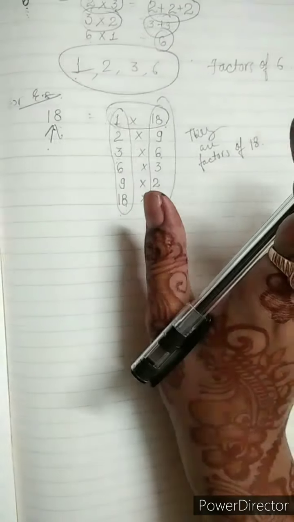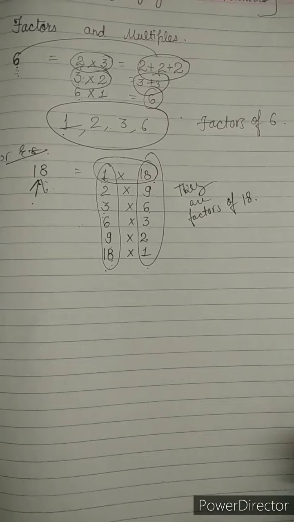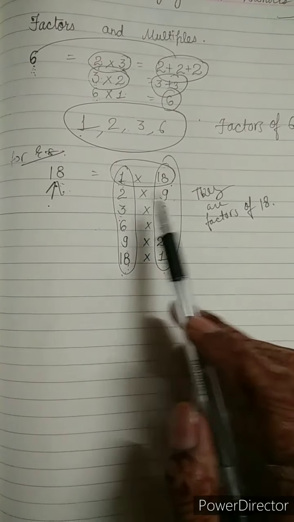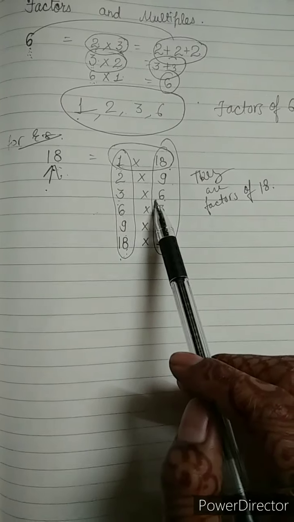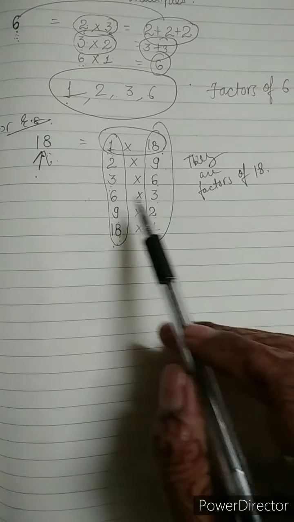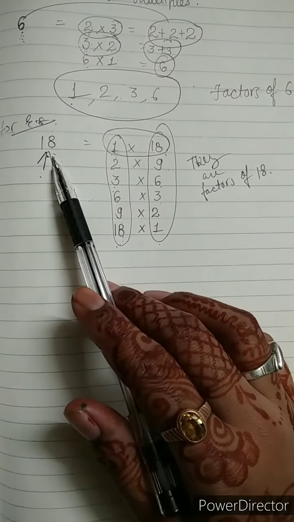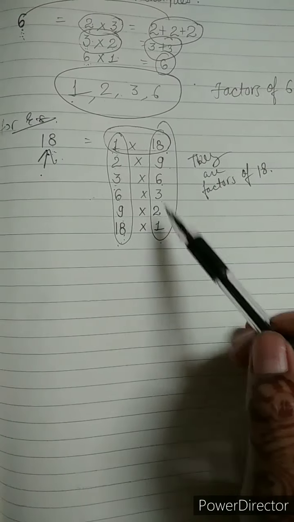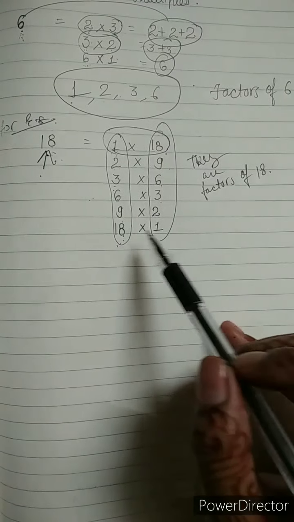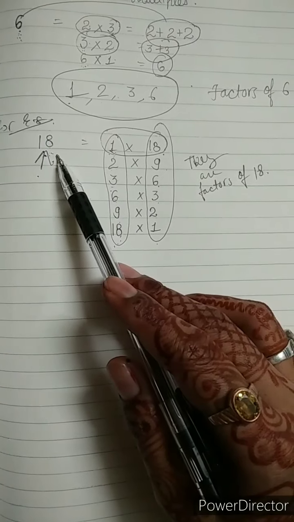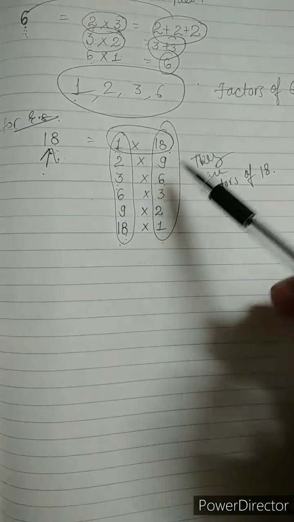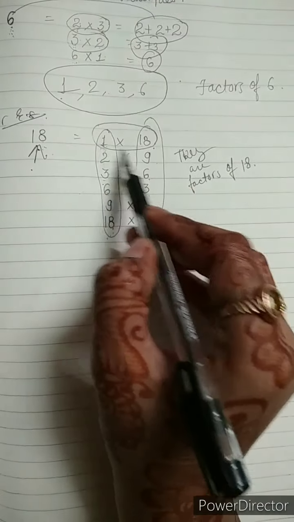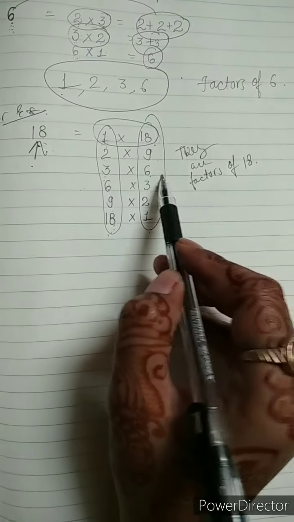So just a simple thing: when we multiply 2 and 9, we again make 18. 3 and 6 make 18. 6 and 3 also make 18. 9 and 2 also make 18, and 18 and 1 also make 18. So what are we considering? 18 is a multiple of these together, that is 1 and 18, 2 and 9, 3 and 6.